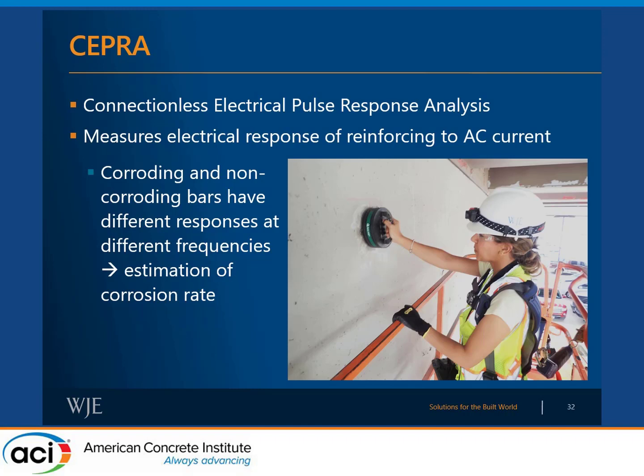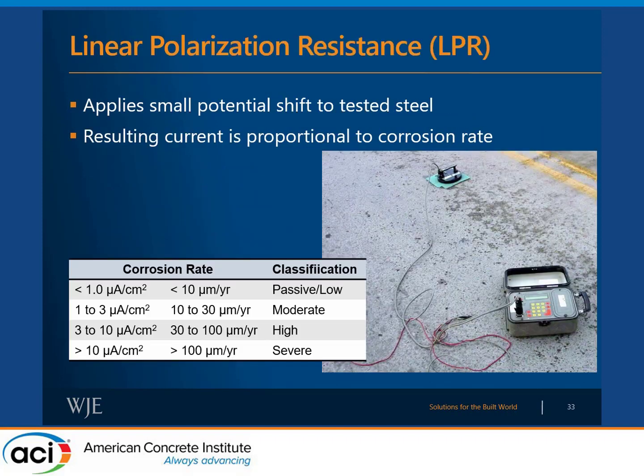And so if the steel is corroding, the response of the material at different frequencies is going to be different than if it's not corroding. And so the equipment can estimate the corrosion rate based on the particular signal that is resulting from this measurement. And there's another way we can get corrosion rate measurements, and this is linear polarization resistance.